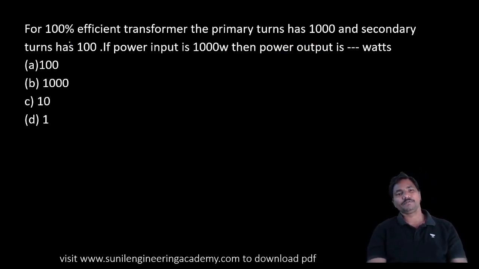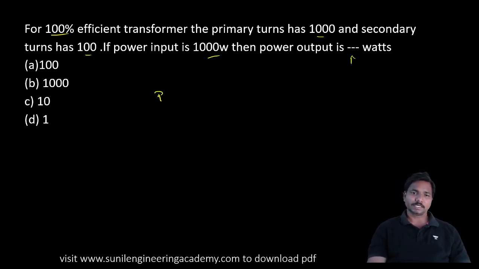For 100% efficiency, very good question. For a 100% efficient transformer, the primary turns are 1000 and the secondary turns are 100. If the power input is 1000 watts, then what is the power output? We know the magnitude of power is constant. If you are getting losses, the output power may be a little less than the input power.